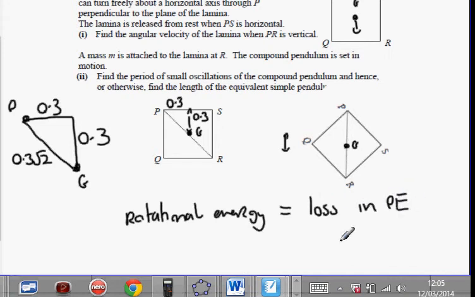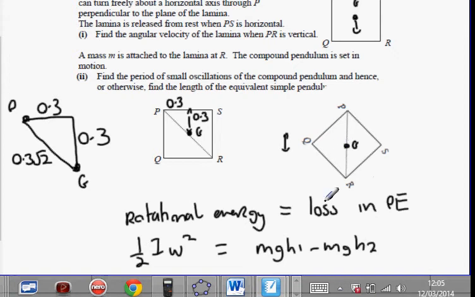Rotational energy is a half inertia times angular velocity squared, and that's going to equal mgh1 minus mgh2, the difference in height before turning and after turning. So the difference in potential energy.